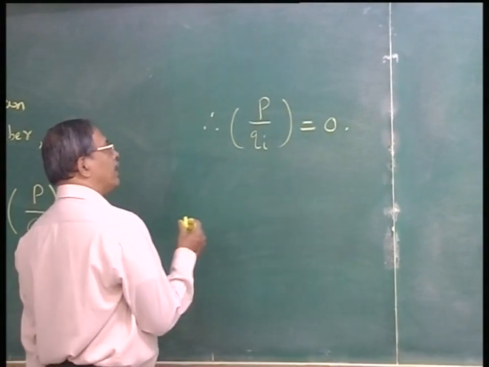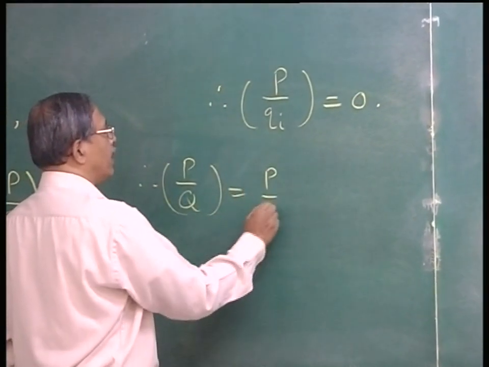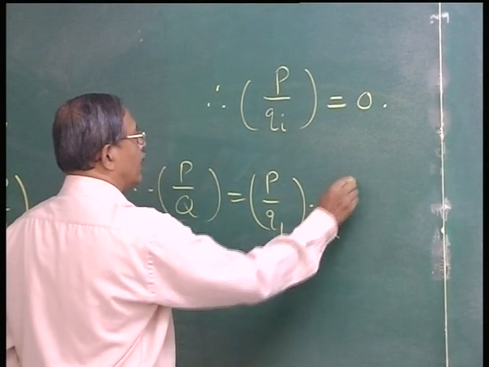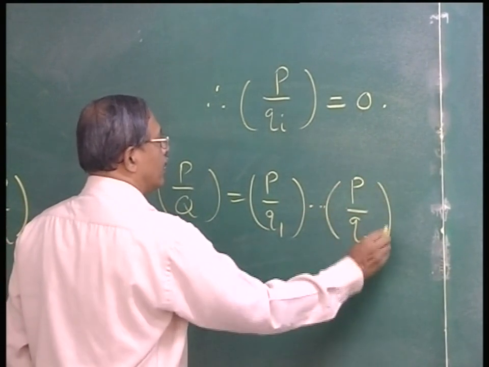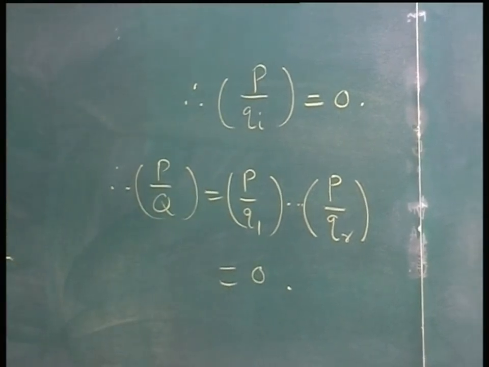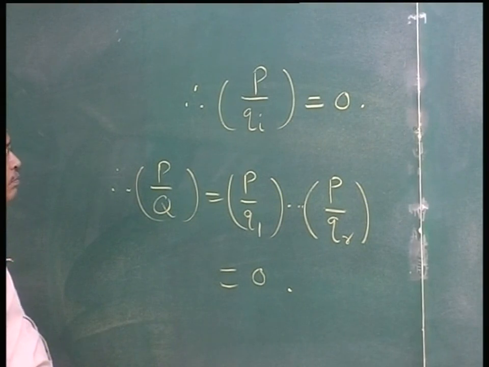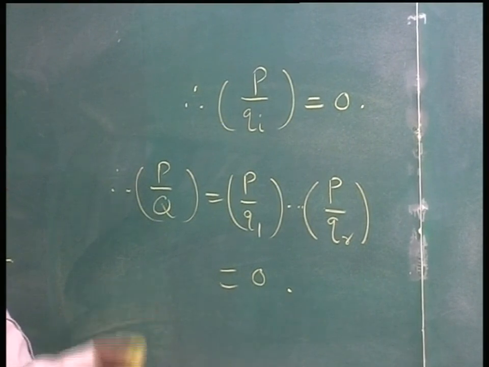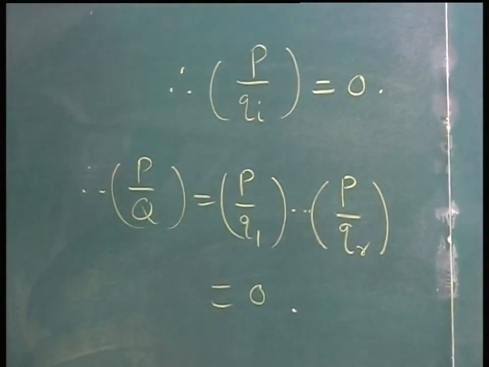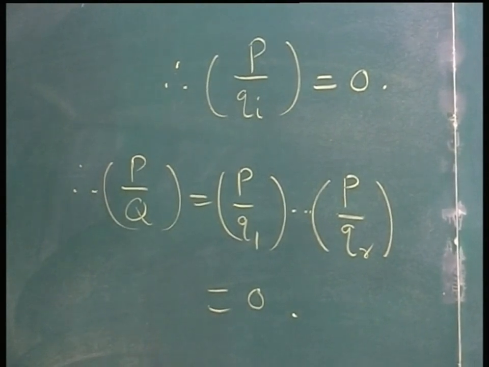Now you calculate (P/Q), which is (P/q1) ... (P/qr). This will also be 0 because one of the terms is 0. This argument is when P is non-zero. If P itself is 0, then anyway (P/Q) is 0.